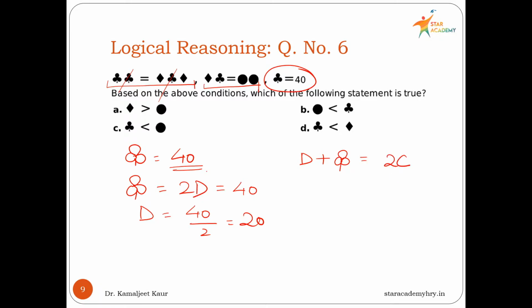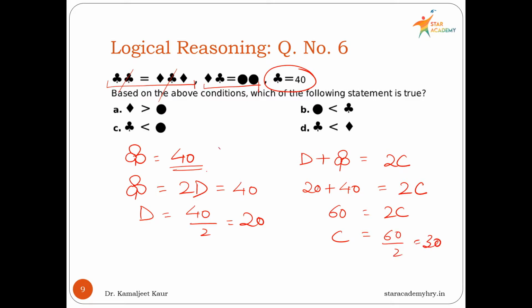So that means 20 plus the value of club, 40, is equal to twice the circle. So 60 is equal to 2c, and c means the value of circle, that is equal to 60 by 2, which is 30.